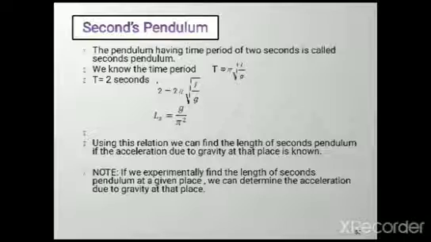Note, if we experimentally find the length of a seconds pendulum at a given place, we can determine the acceleration due to gravity at that place. So this is about the seconds pendulum. Students, we are going to perform an activity in standard 12 based on the seconds pendulum.